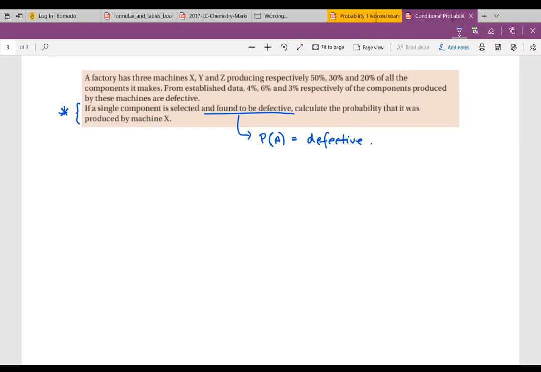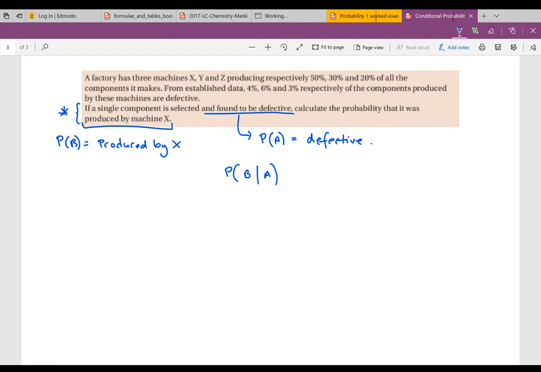Calculate the probability that it was produced by machine X. So probability B is produced by X. What I'm looking for is the probability of B, given that I know it is defective, because you're told it is defective.